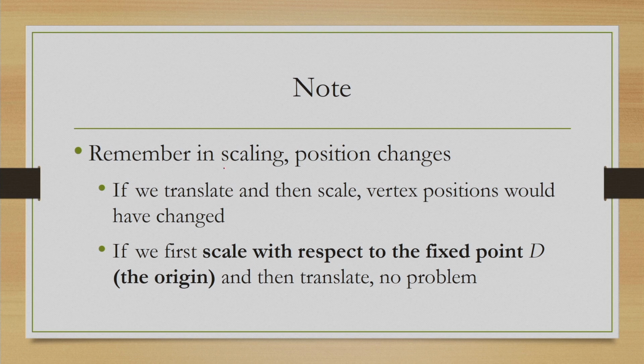When we discussed scaling, we mentioned one thing, that is, during scaling the position of the object changes. Now, if we translate first and then scale, then the vertex position might change, because scaling may lead to a change in position. However, if we scale first and then translate, then anyway we are going to reposition it at the right place where we want it.